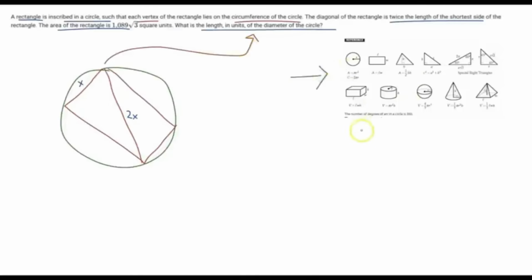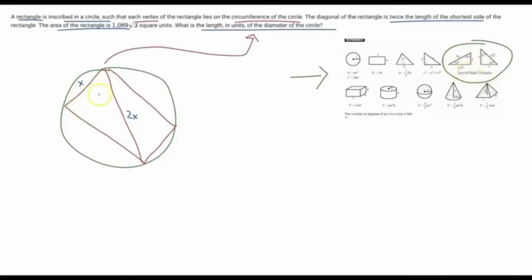That's the reference table that the digital SAT provides. This is provided to you. You have to focus up top on the special right triangles, all right? If you're not thinking of special right triangles, you might be in a bottomless pit trying to solve this problem, because special right triangles are the easiest and fastest way to do this. So you can see here, for the 30, 60, 90 special right triangle, we have side lengths 2x, x, and x times square root 3.